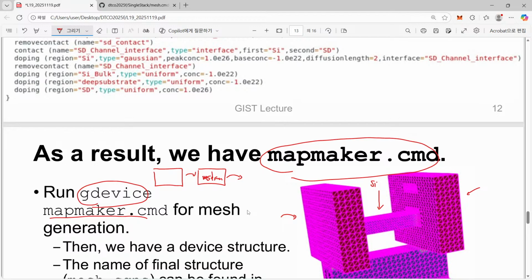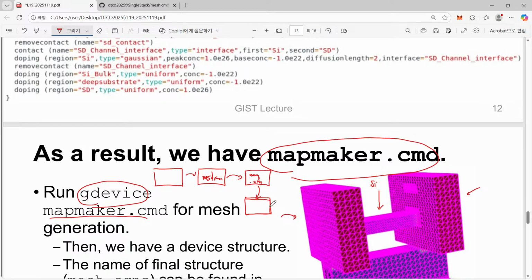Instead, as its output, it generates the mapmaker.cmd file, and we just run the mapmaker file. Then internally it generates its own mapmaker routine and generates a complicated structure. So what we do is teach this mapmaker routine how to draw a complicated structure without manually specifying it.